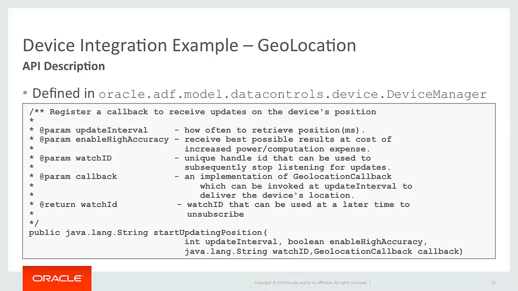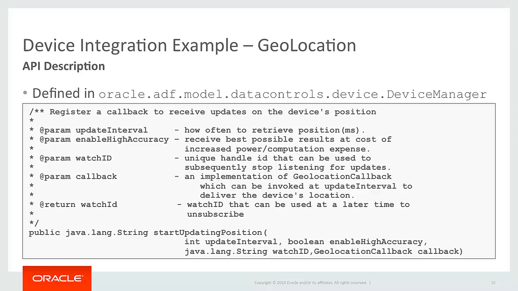So it's kind of an asynchronous call that you have, and then every once in a while it takes a snapshot of where the position is and returns it to the calling client, in which case that is Java. The accuracy I can specify, so how accurate I do want that position to be evaluated. I can produce a watch ID.